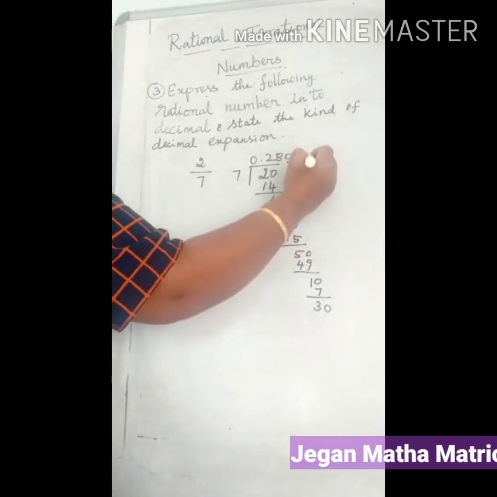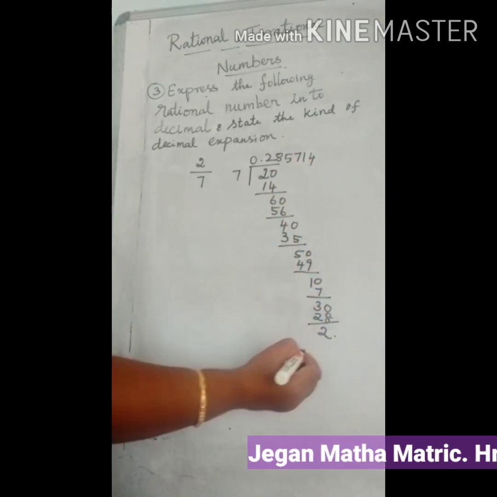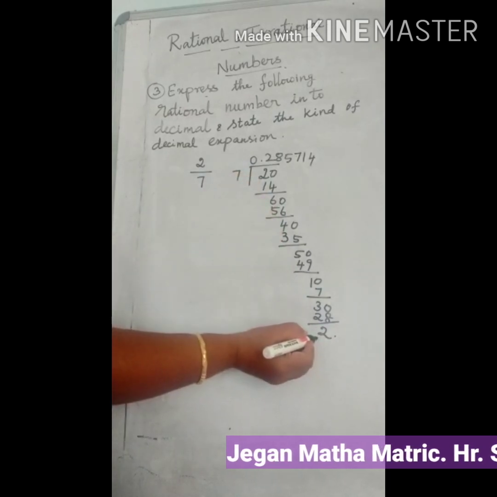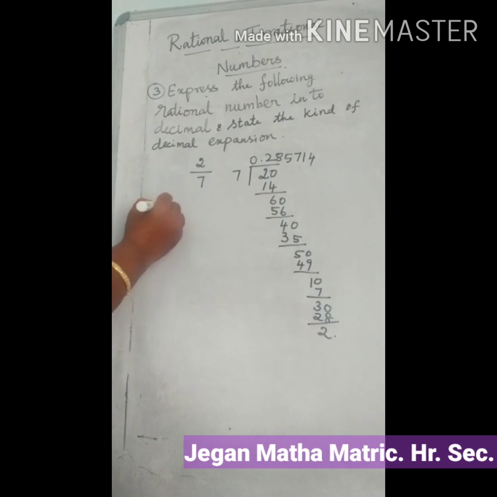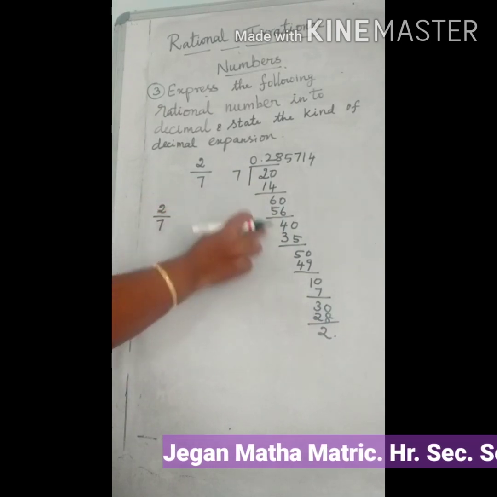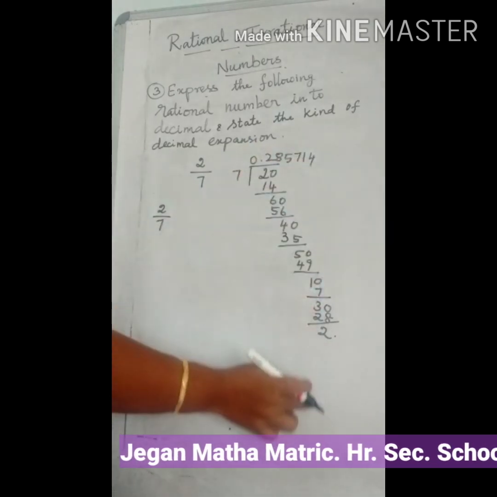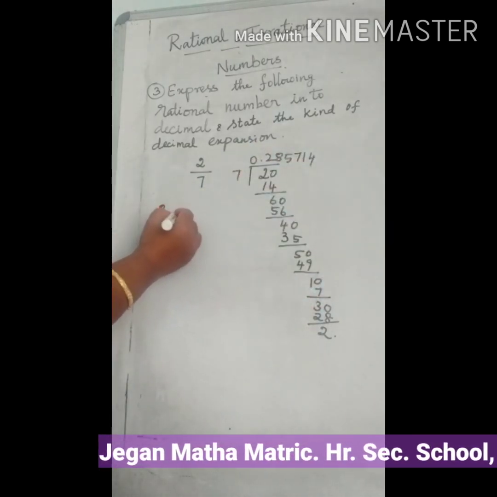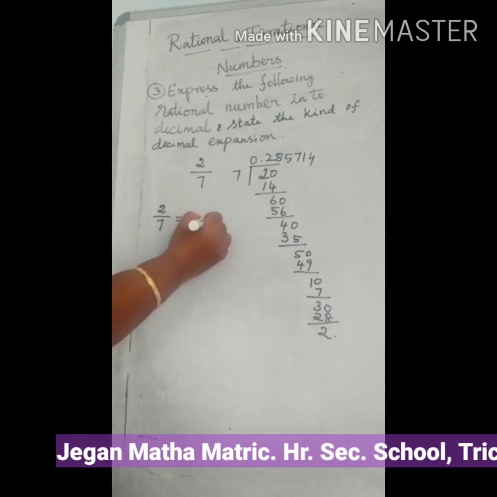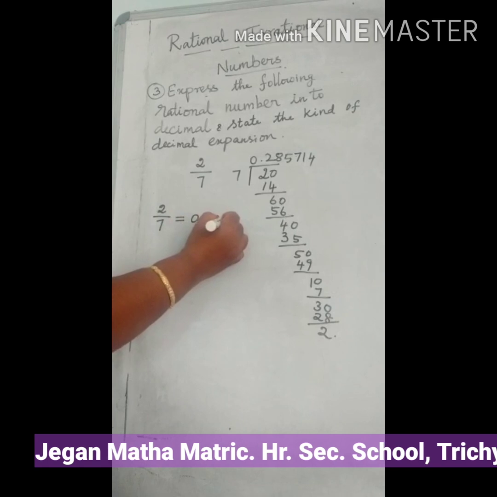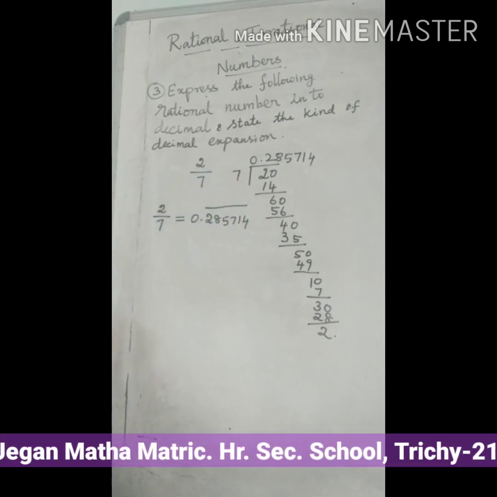Again, 7 4s are 28, balance 2. The same 2 comes again here, so we stop at this point. So again the digits 2, 8, 5, 7, 1, 4 will be repeated. So the final result is 2 by 7 is equal to 0.285714, repeated.